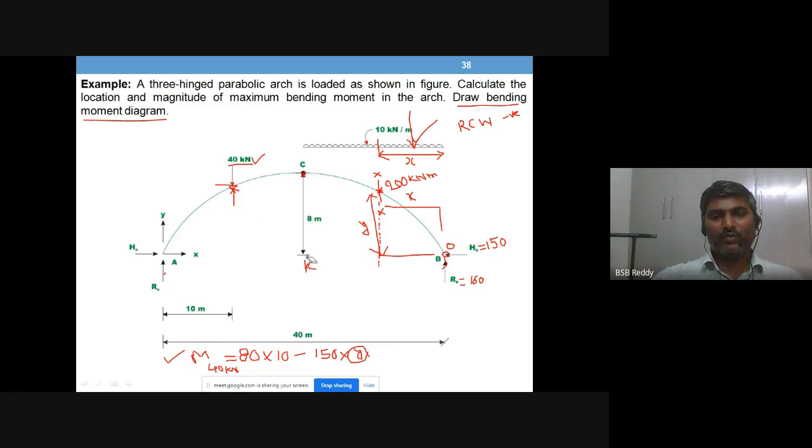If you observe the nature of the bending moment diagram in arches, then only you are able to draw them.